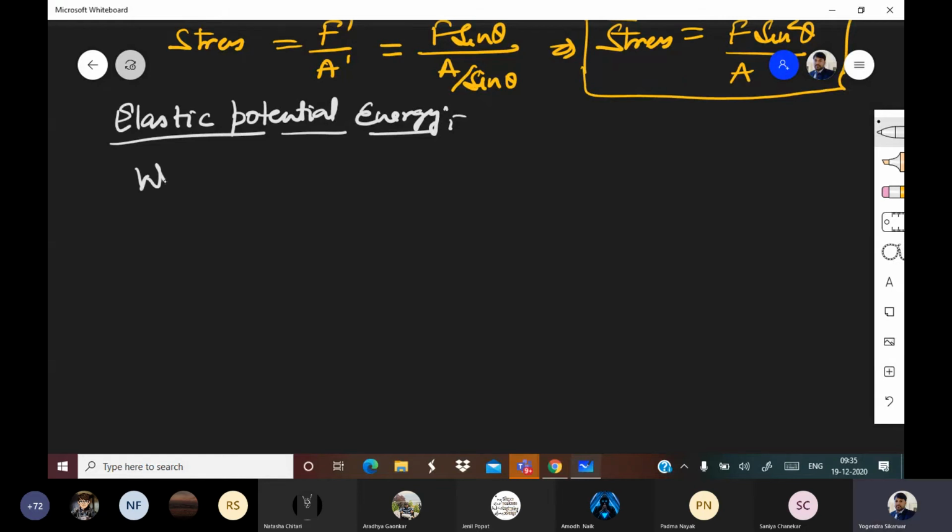So please write, whenever an object is deformed, an energy gets stored in it.